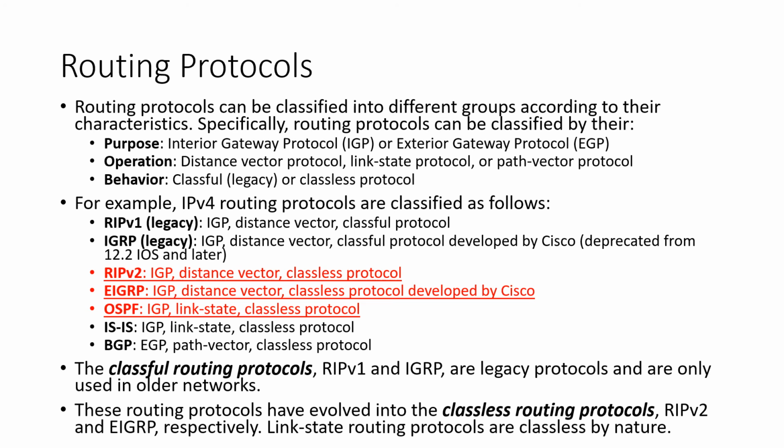So the classful routing protocols RIPv1 and IGRP are legacy protocols and are only used in older networks. These routing protocols have evolved into the classless routing protocols RIPv2 and EIGRP respectively. Link state routing protocols are classless by nature.